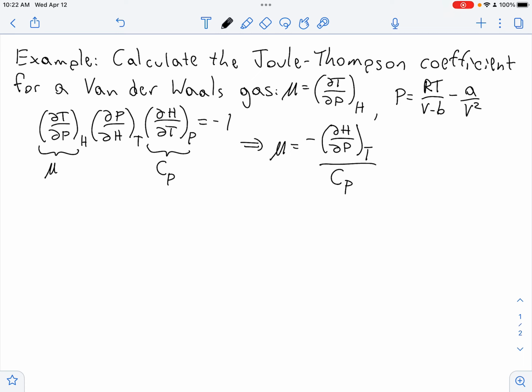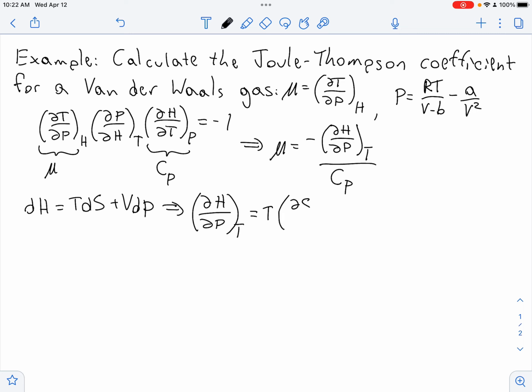And in order to get dH/dP at constant T, I'm going to use the following fundamental property relation. And I'm going to divide through by dP and hold T constant.